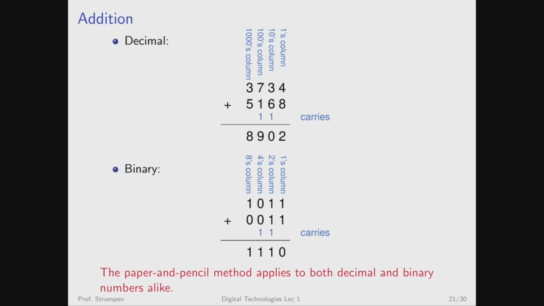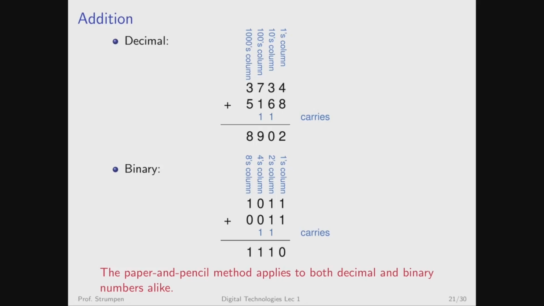All right. So paper and pencil addition is a breeze in any number system with any base, right? Base 2, base 10, base 16, base 8. It works exactly the same way. Now, there is that one special case that becomes important when we build digital circuits, and that is the overflow case.